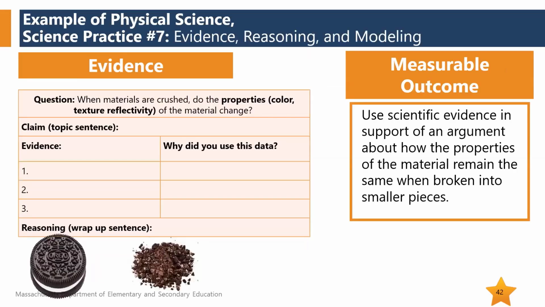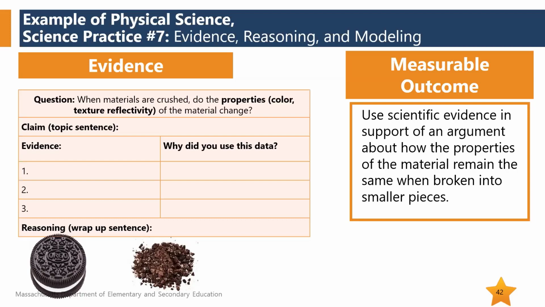And this practice is practice 7. It's evidence, reasoning, and modeling. We were crushing different things. We crushed some cookies. A teacher created this little template, and when she broke down the property, she used different picture icons for color, texture, and reflectivity of how that material changed.